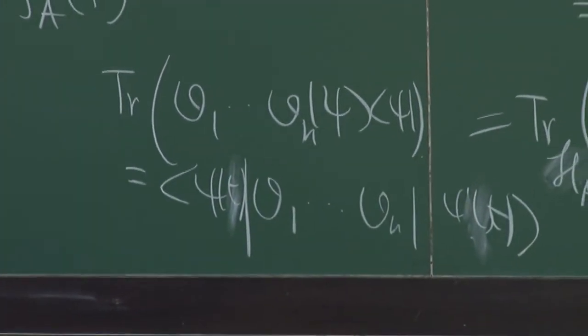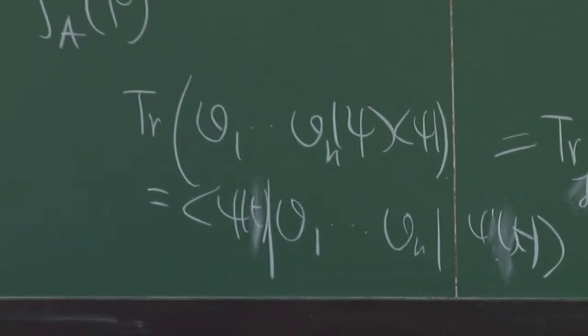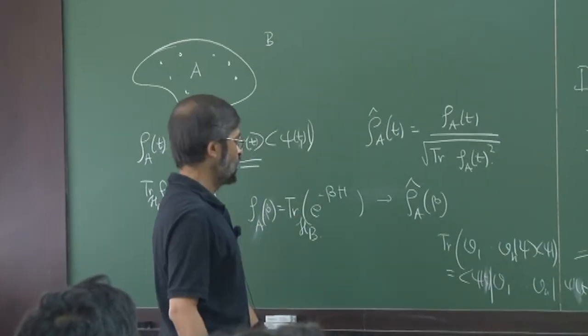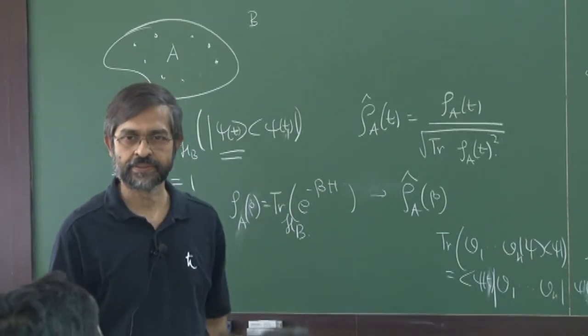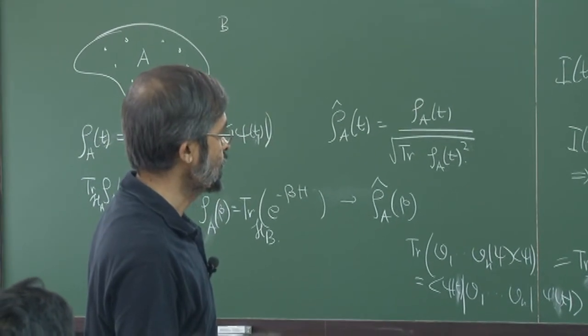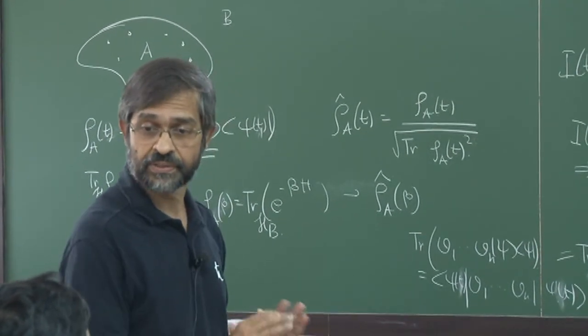Right, this is what it is. Reduced density matrix from the thermal ensemble in A. H is the full Hamiltonian of the full system.